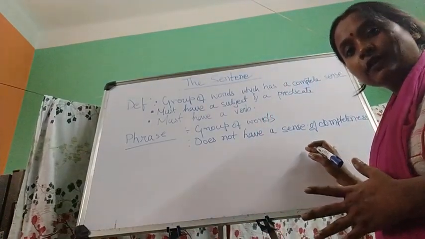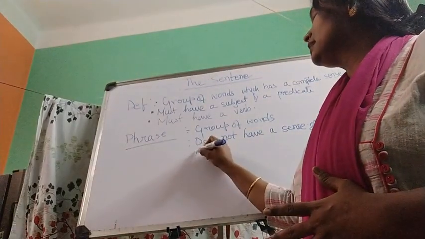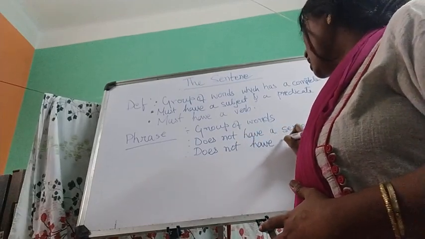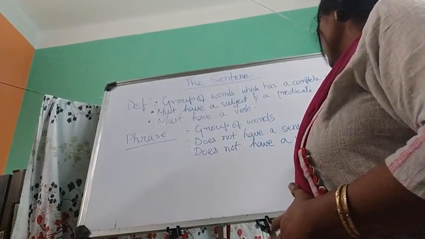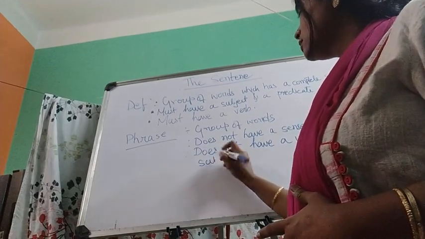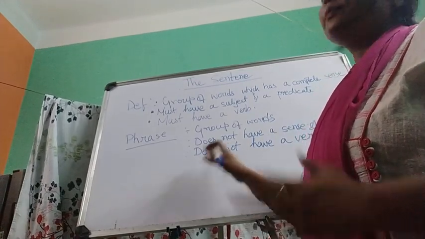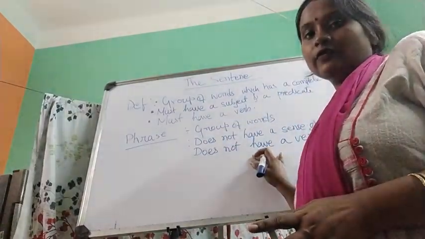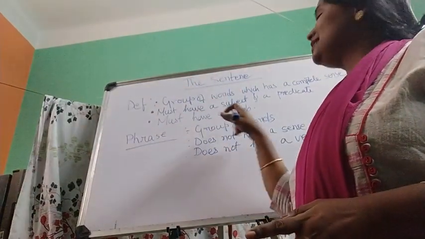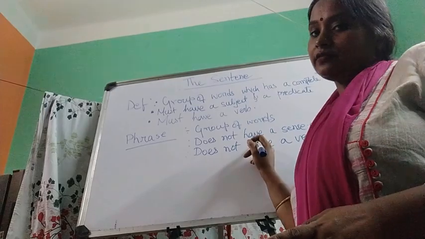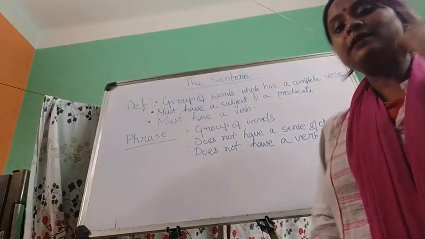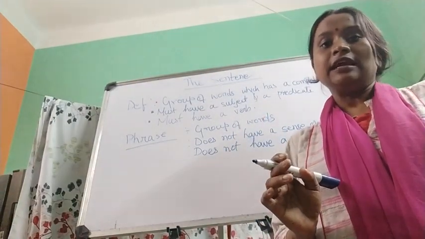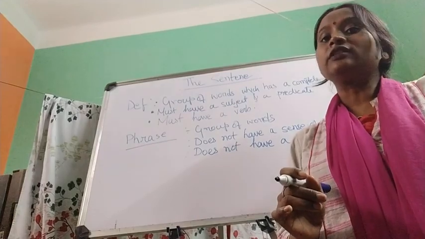Finally, it does not have a verb. There may be a subject, however, both the subject and predicate won't be there. Right? It does not have a verb. Definitely a phrase cannot have a verb. Okay? So, these are the basic differences between a sentence and a phrase. A phrase can be a group of words just like a sentence, but unlike a sentence, it does not have a verb, it does not have a sense of completeness.